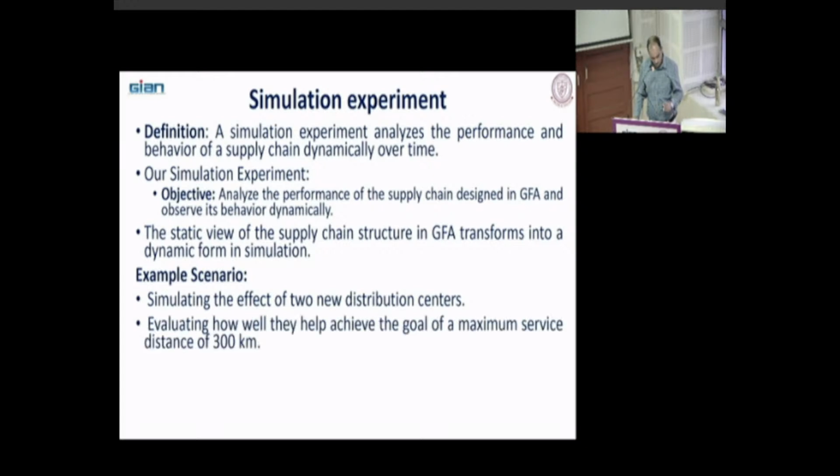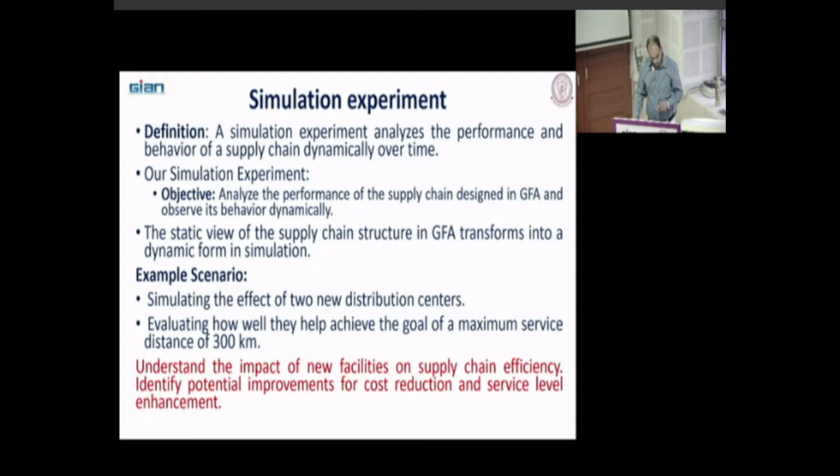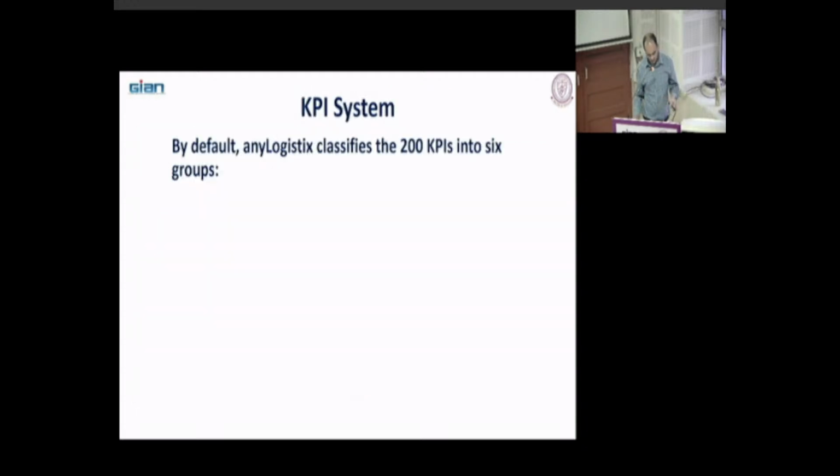Then we are evaluating how well these 2 distribution centers will help us achieve our maximum service distance criteria, that is 300 kilometers. So we are going to understand the impact of new facilities on supply chain efficiency, and identify potential improvements for cost reduction and service level.